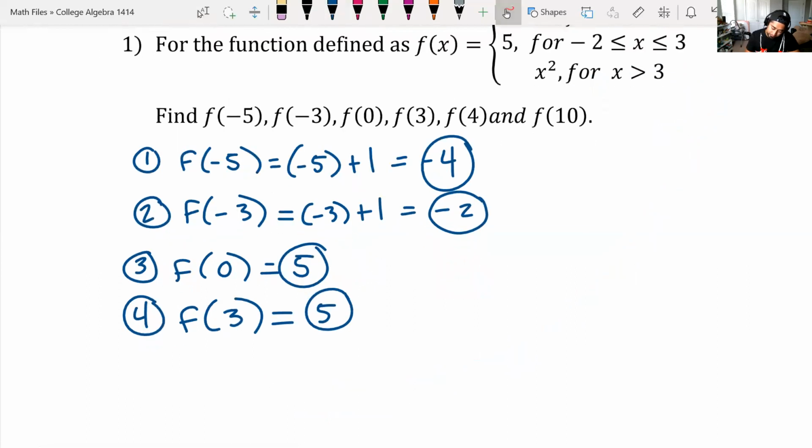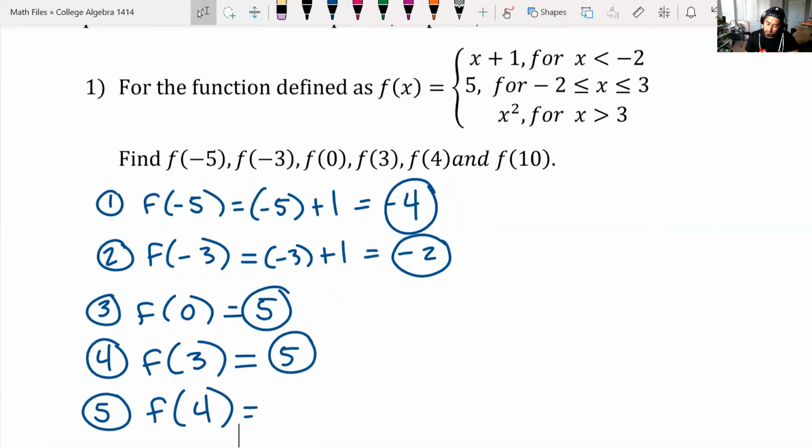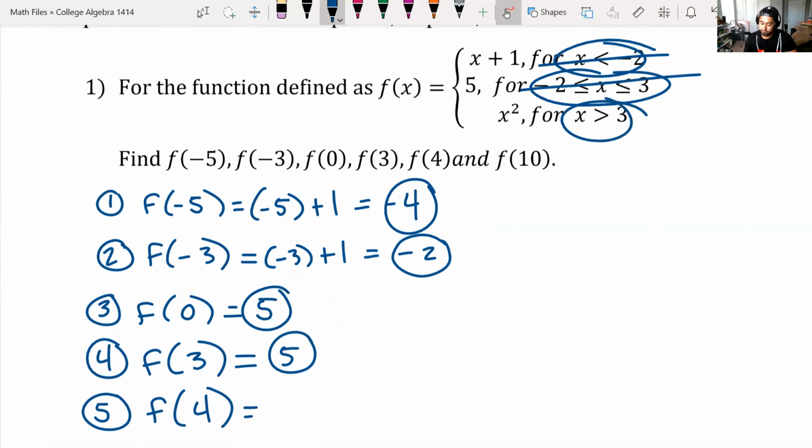And then for the 5th one, f of 4. Look at our restrictions. Is 4 less than -2? No. Is 4 in between -2 and 3? Definitely not. Is 4 bigger than 3?